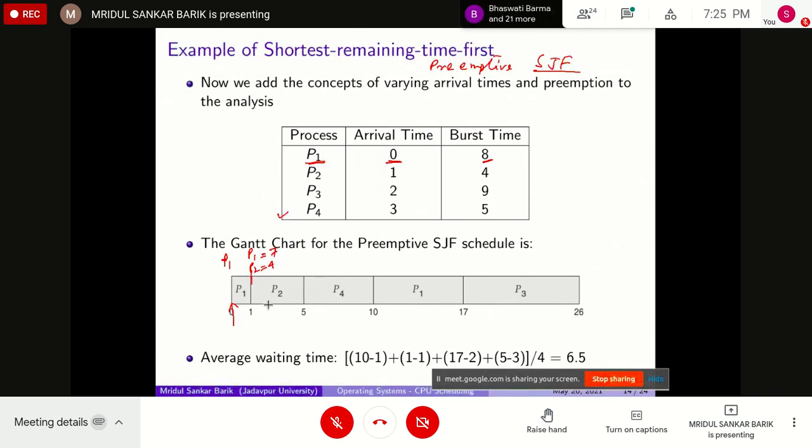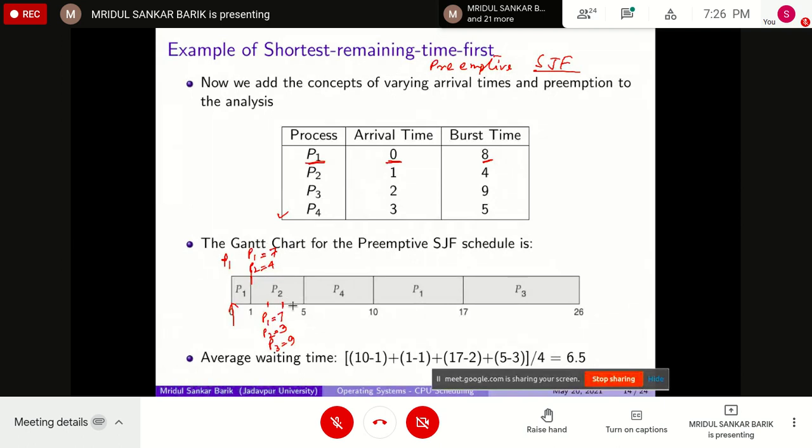At time 2, we have process P1 whose remaining time is 7, process P2 whose remaining time is 3, and a new process P3 arrives whose remaining time is 9. Which one is shortest? P2. So P2 will continue.